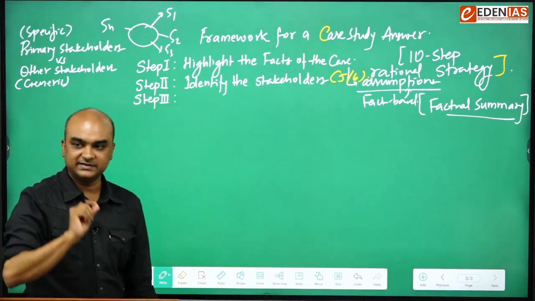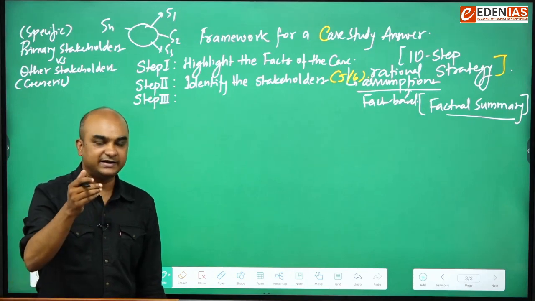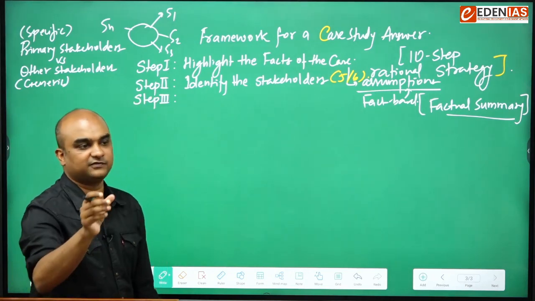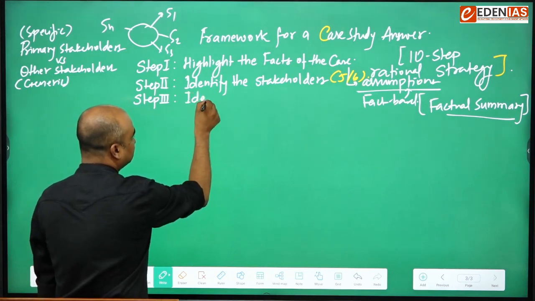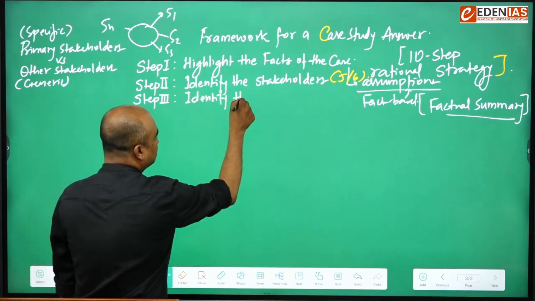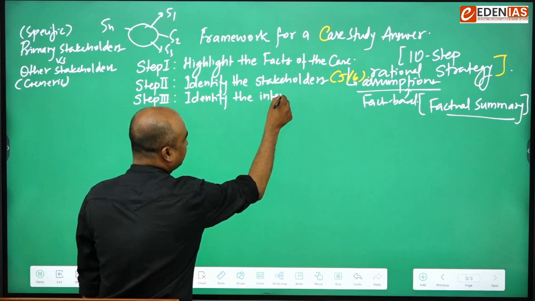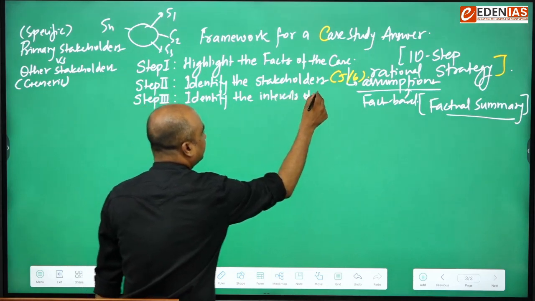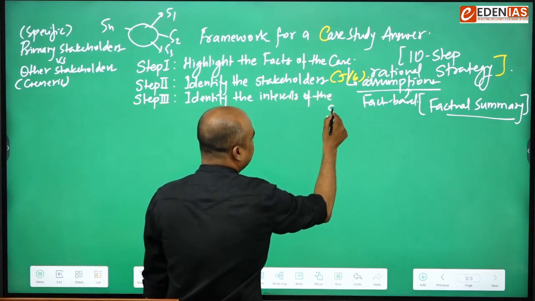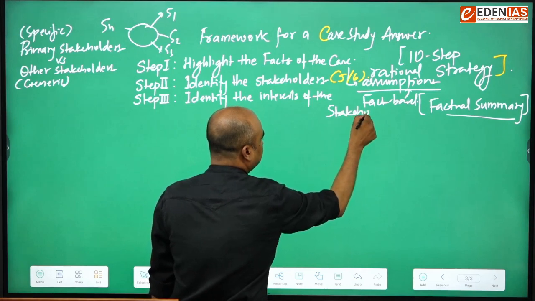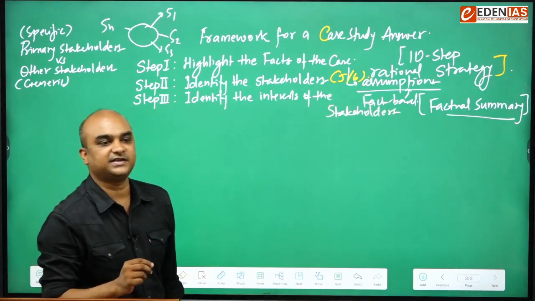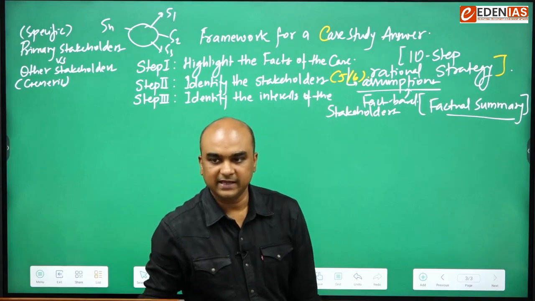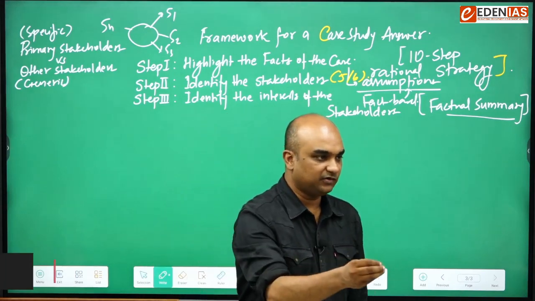Once you have identified the stakeholders, you have to now identify the interests of the stakeholders. When I say interests of the stakeholder, what do I mean? Every stakeholder has certain kind of interest.